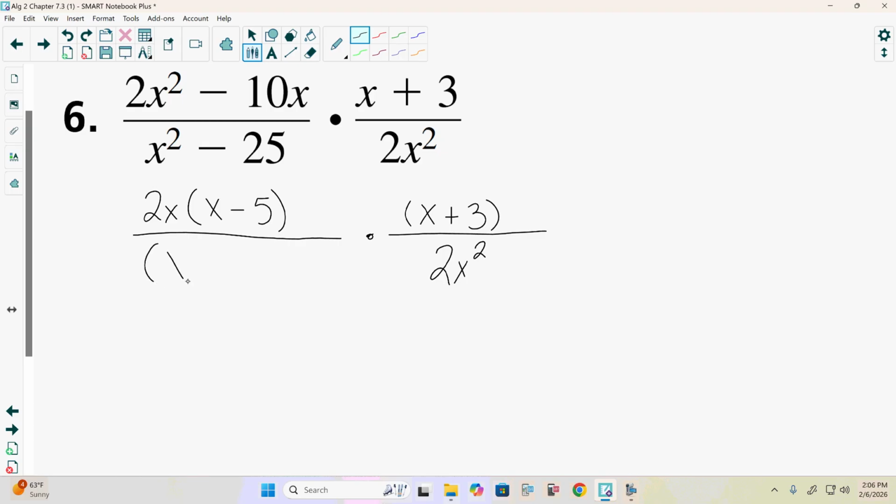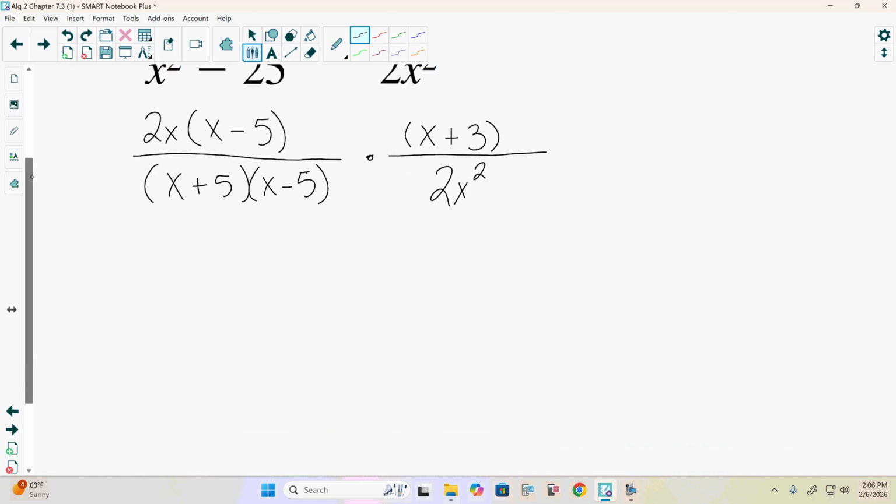So since it's a difference of perfect squares, a squared minus b squared factors to a plus b times a minus b. Or in this case, x plus 5 times x minus 5. I would get very comfortable with difference of perfect squares because a lot of places like to use those, especially for these here.